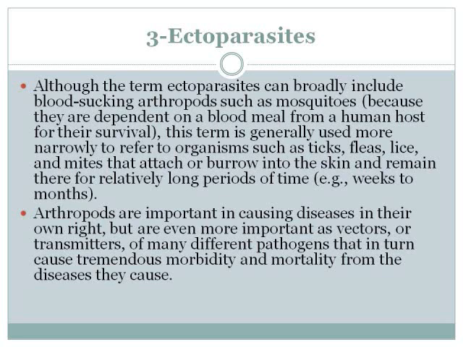But they can refer to quite a few organisms like ticks, fleas, flies, and mites. And most of these organisms will burrow or attach on our skin and remain there for relatively long periods of time, and they can act as a vector.